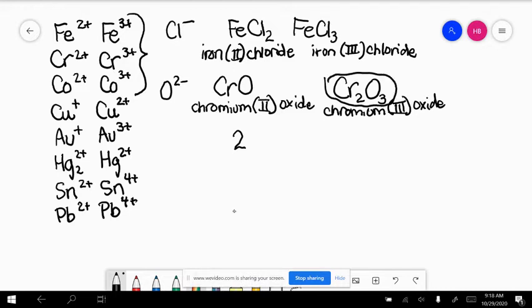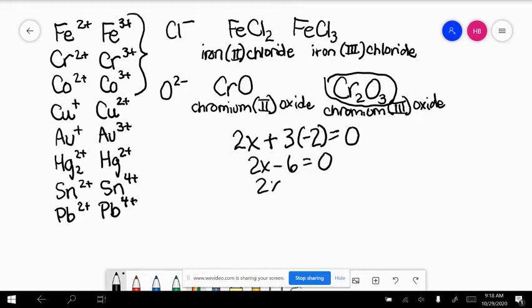I have 2 chromiums that I don't know what the charge is. I have 3 oxygens that I do know are -2 all the times by looking at my periodic table of ions. And it's a compound, so it is electrically neutral, so it adds up to 0. So if it helps you more, if you're still struggling with how to figure it out, you can do algebra.